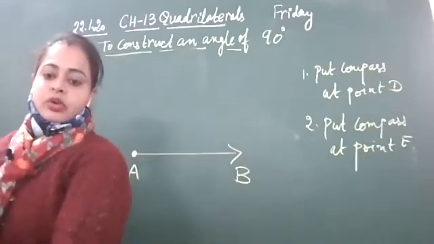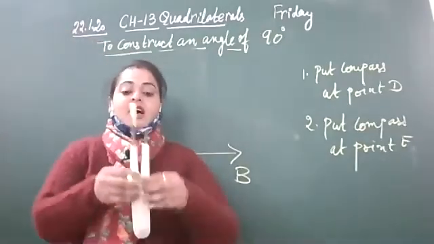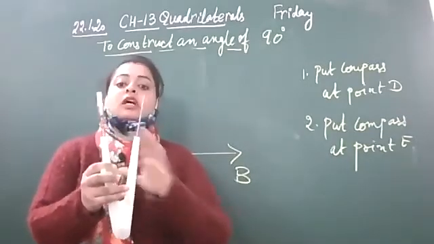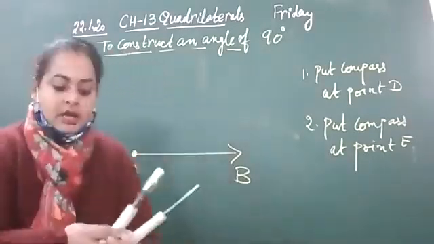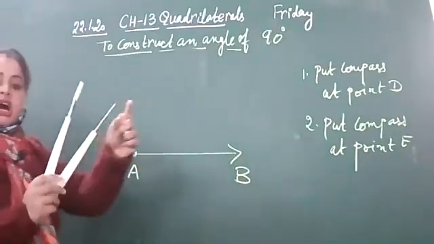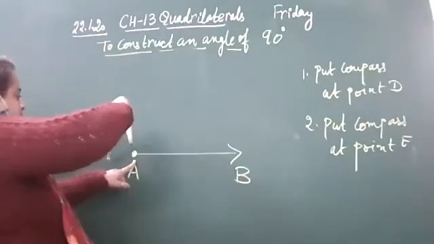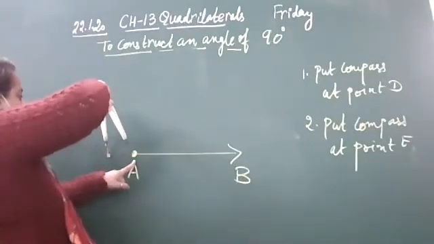Very good response from all of you. Well done. Now open your compass to any size. There will be no compulsion. Now put the sharp tip of the compass here, at A. Like this.